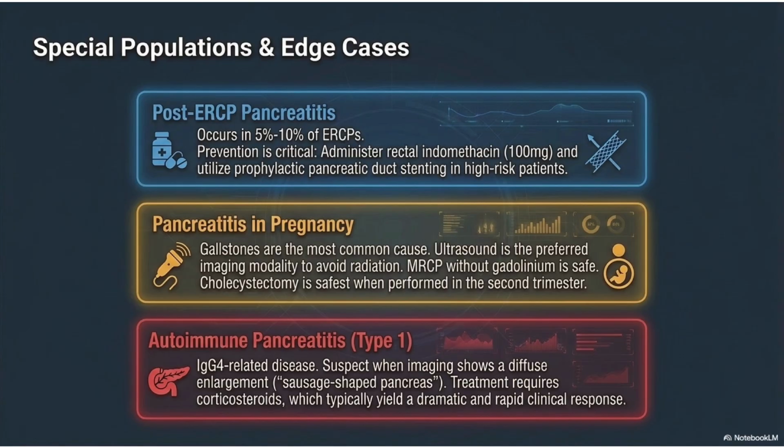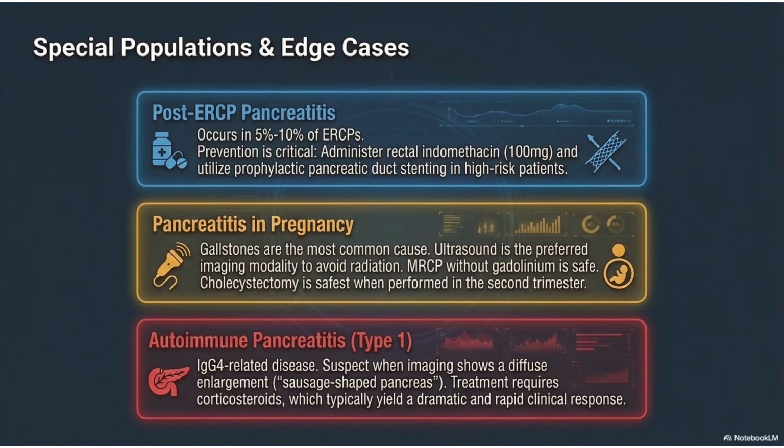So they just put a pancreatic duct stent, which is gonna prevent the backlog, and that's how you're not going to get the post-ERCP pancreatitis. Keeping the patients well hydrated is also going to be something you can do.